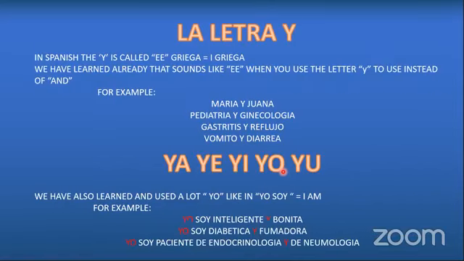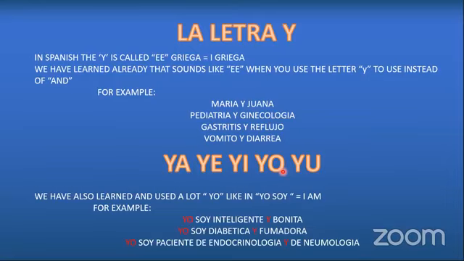Now we have a different letter here, the letter Y. In Spanish, the letter Y is called Y. We have learned already that it sounds like E, especially when you use the letter Y instead of and.